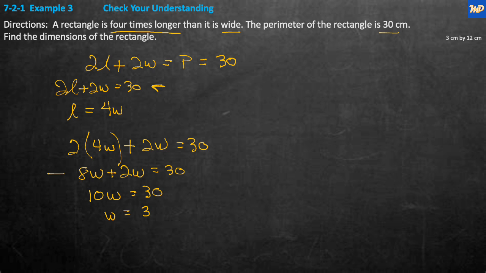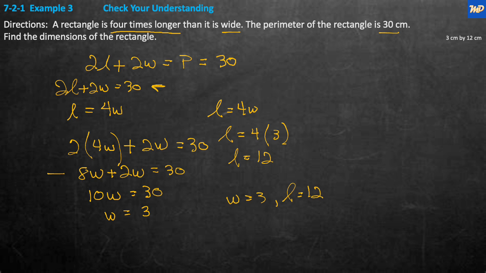I can say L is equal to 4W, and I can now say L is equal to 4 times 3. So L is equal to 12. So I have W is equal to 3, and L is equal to 12.